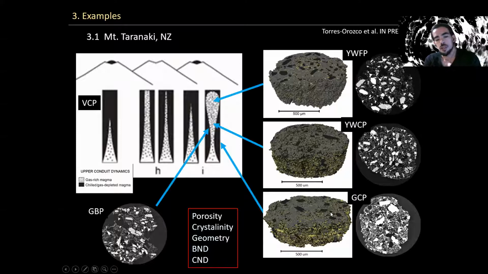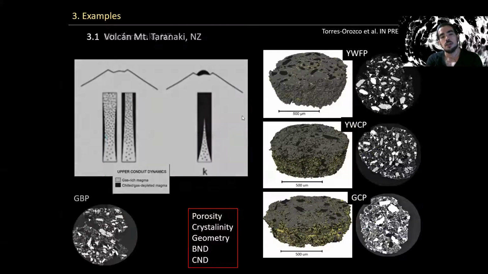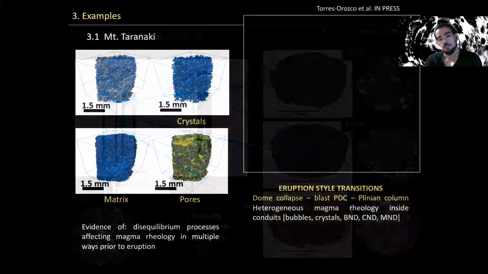The type of data that we acquire is the porosity, crystallinity, geometry of bubbles, geometry of crystals, and bubble and crystal number densities, and how all of these change the rheology of magma during the eruption. This type of work is also time constrained due to a stratigraphic time constraint, and so we can understand processes inside the volcanic conduit driving this eruption with time.